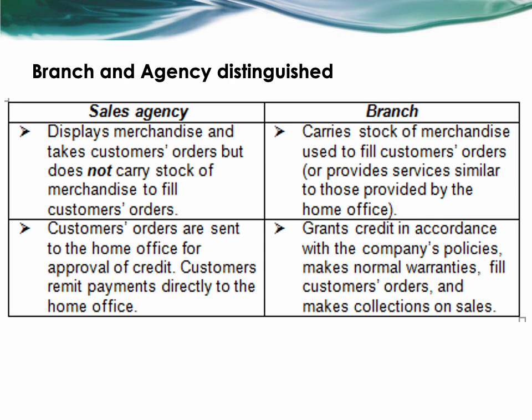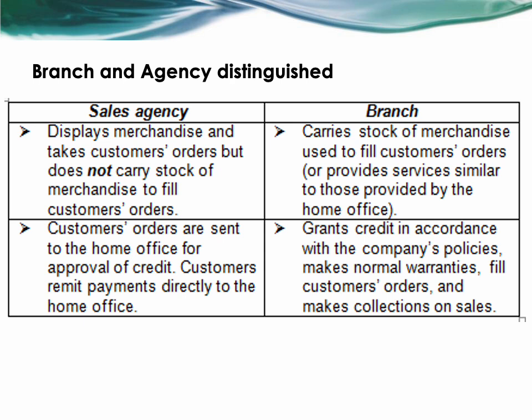So when we say sales agency, this is simply a liaison office, and its primary job is to display samples, take customer orders, and sometimes hold limited inventory for immediate needs. So crucially, an agency does not function as a separate business unit. It does not carry its own accounting books.